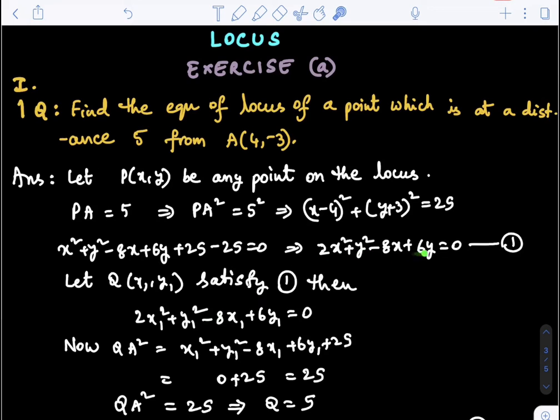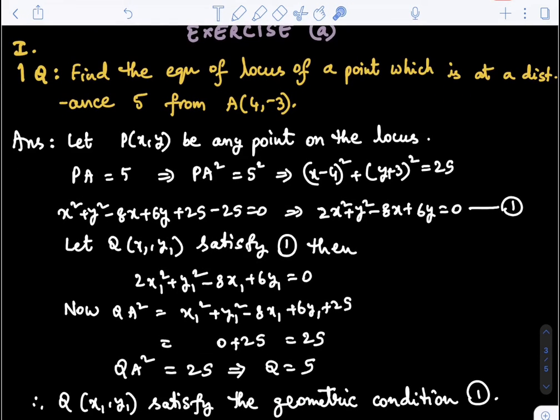So x1 square plus y1 square minus 8x1 plus 6y1 is equal to 0. Now what is QA? This is the point Q, this is the point A. Now we are finding the distance between Q and A, that is QA. To get QA, first we take QA square. In the next step we go with QA.